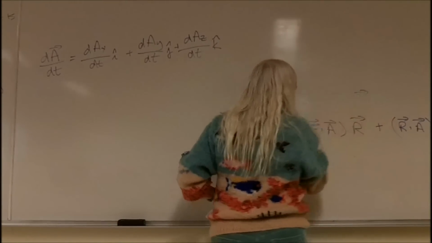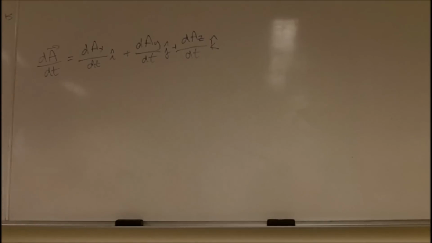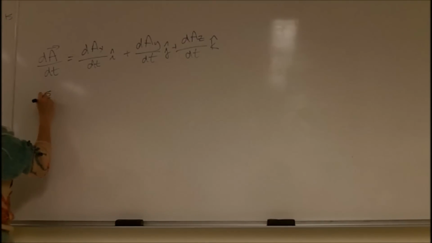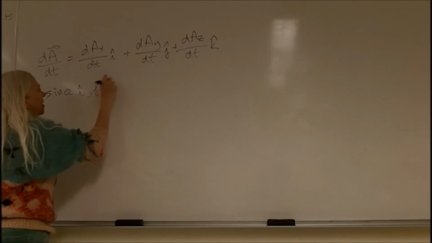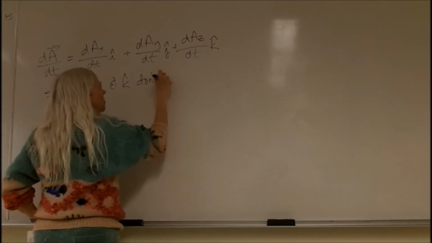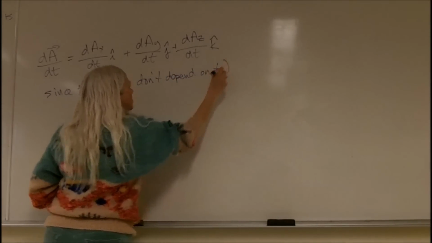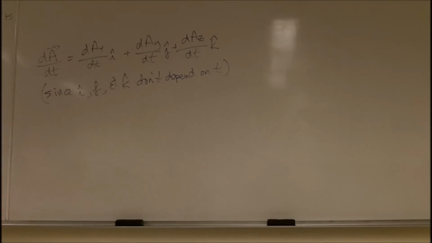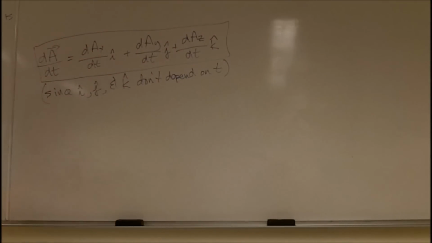We'll deal with that when we get there, but just a reminder that here we are using our knowledge that i hat, j hat, and k hat do not depend on t. Okay, so this is what we mean by the derivative of a vector with respect to a scalar.